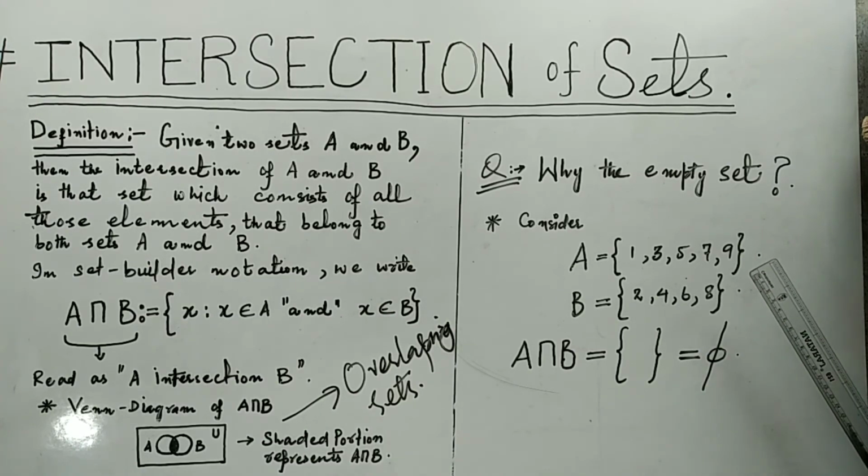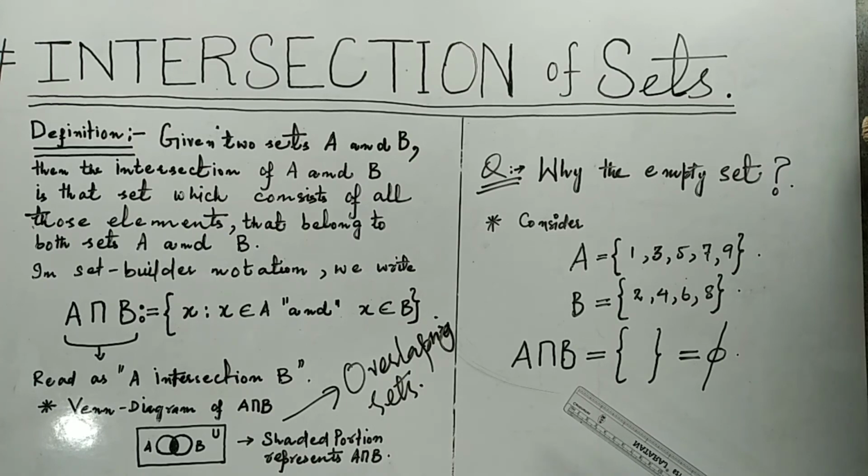Now, mathematicians are very, you can say, clever. They even name things which apparently seem like nothing. And here they say, because A intersection B is defined for any two sets, what is this set?